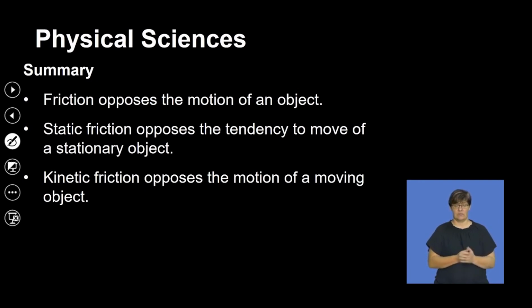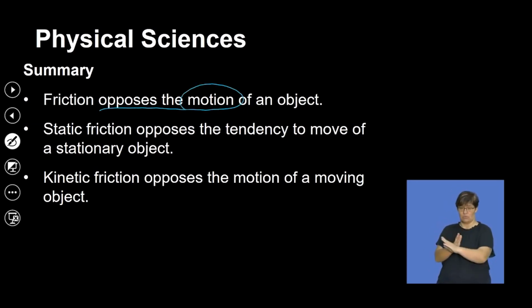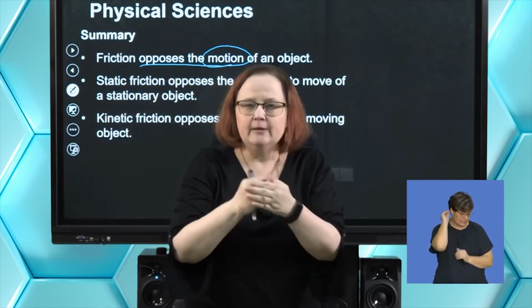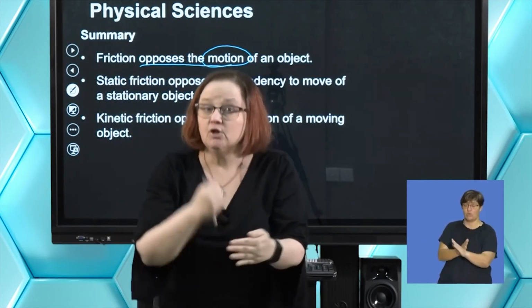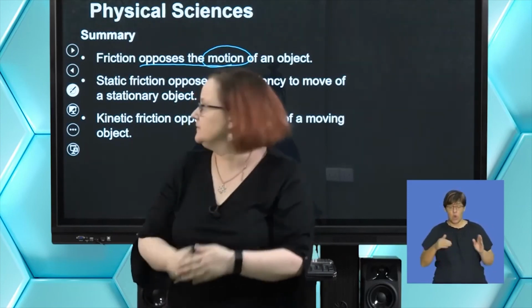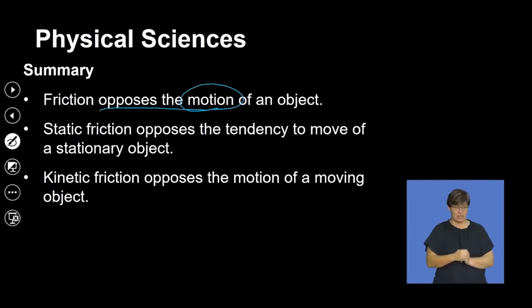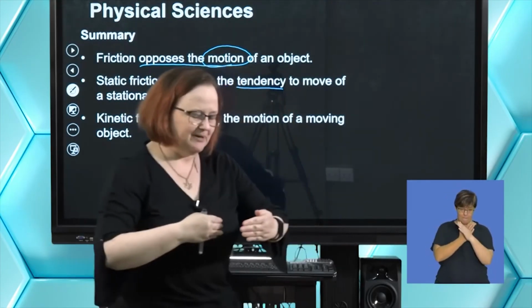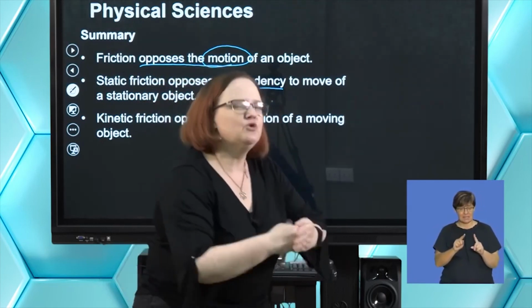Here's our summary of what we've done. Okay. Friction opposes motion. Please, that's the important thing. It opposes motion, not applied force. Static friction is the tendency to move. This word's quite important because friction opposes motion, but with a static object, it's not moving yet.